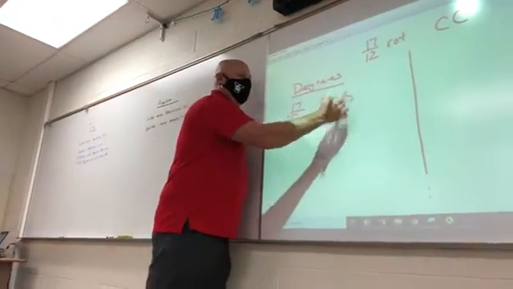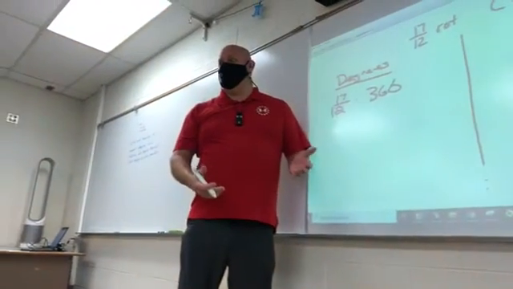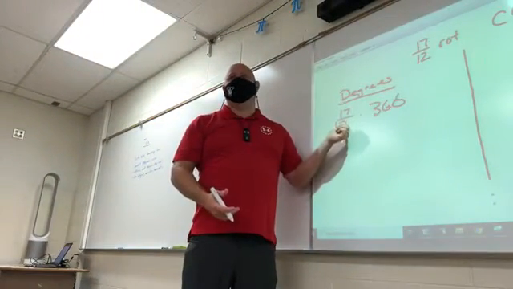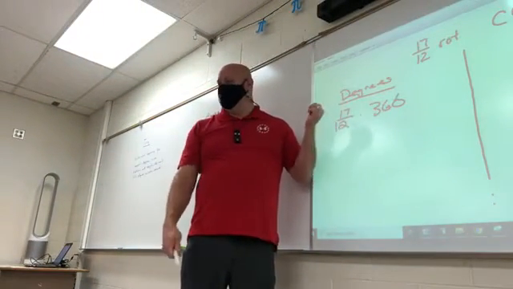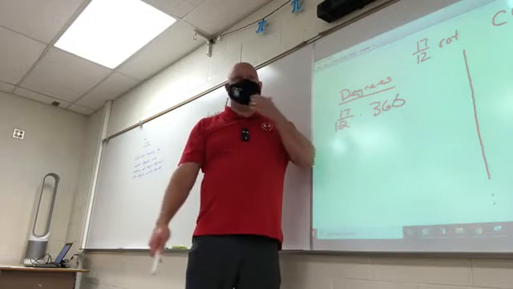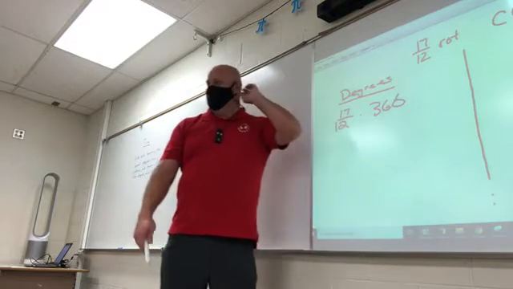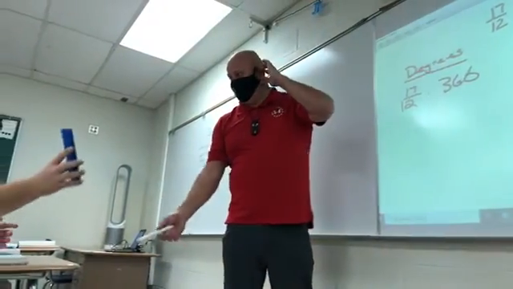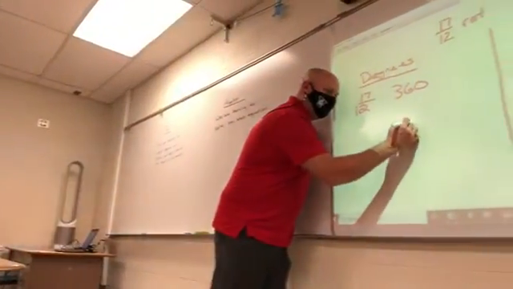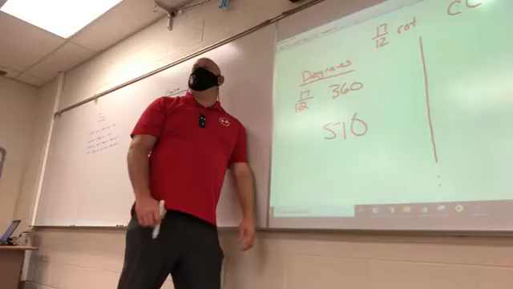Of 360. 360 divided by 12 is 30. What's 30 times 17? 510? Is this going to be positive or negative?